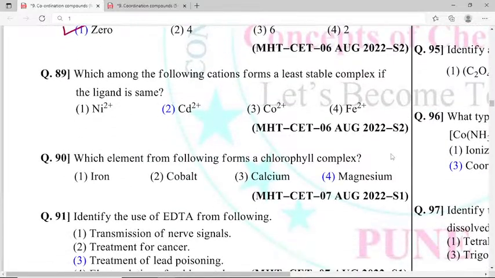Which among the following cations forms the least stable complex? That is cadmium, due to its large size. Size is very important. Cadmium has a very big size. As the size increases, stability decreases.